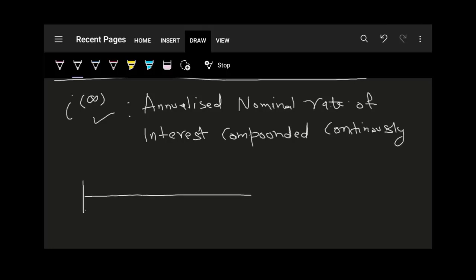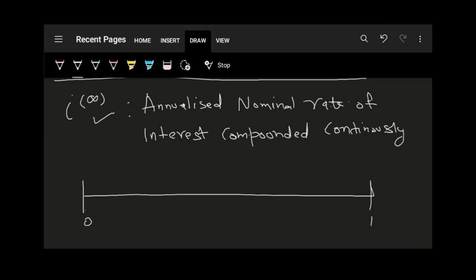Suppose I invest some amount at time 0 for 1 year. In the normal setting, when p equals 2, 4, 6, 8, 12, whatever, I break this 1 year into equal sub intervals according to the p given. If p equals 4, I break the time into 4 parts and I get an equal amount of interest at the end of every quarter.